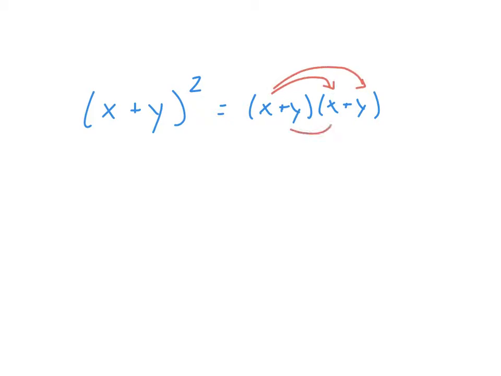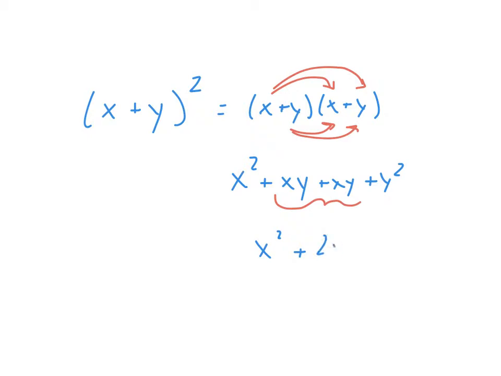We would multiply all these pieces, and when we did that, we'd get x squared plus xy plus xy plus y squared. And then we usually notice that these middle terms are like terms, and we can add them together, and we'd end up with x squared plus 2xy plus y squared.